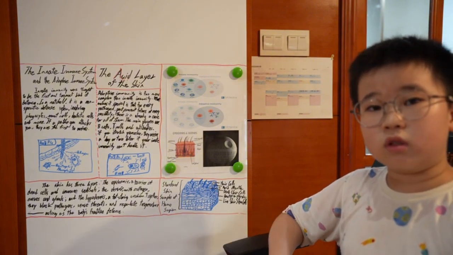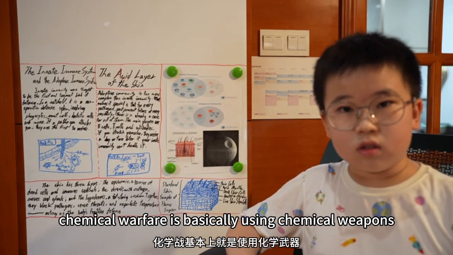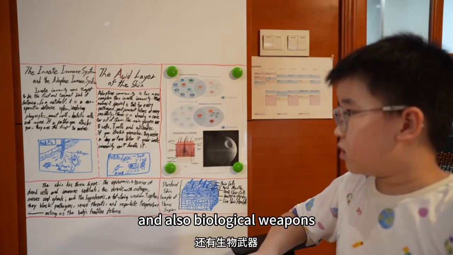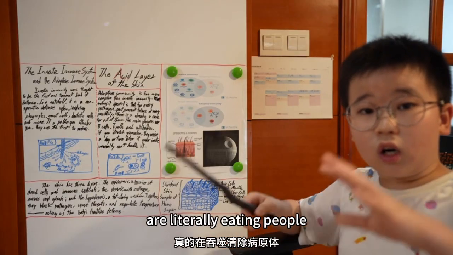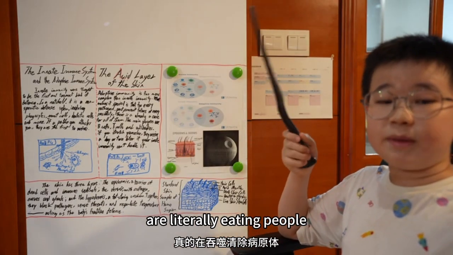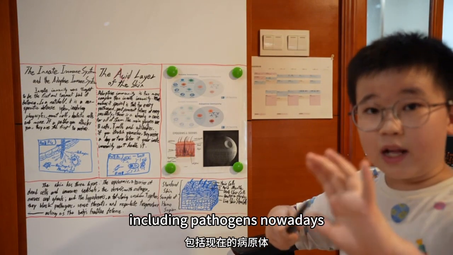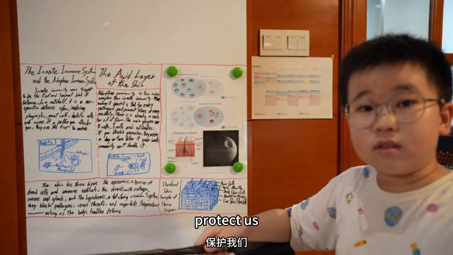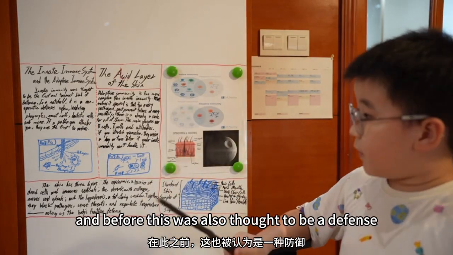Chemical warfare. Chemical warfare is basically using chemical weapons and also biological weapons. For example, phagocytes. Phagocytes are literally eating people. They engulf other cells, including pathogens nowadays, to protect us. And before, this was also thought to be a defense.